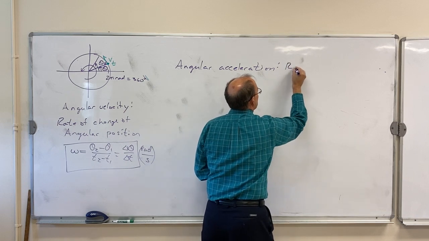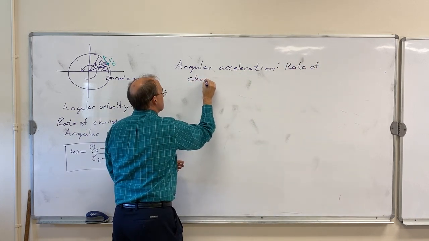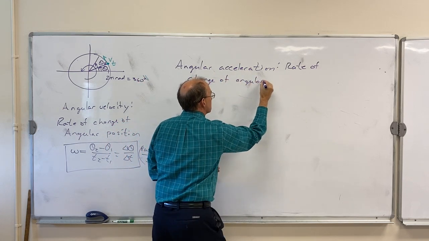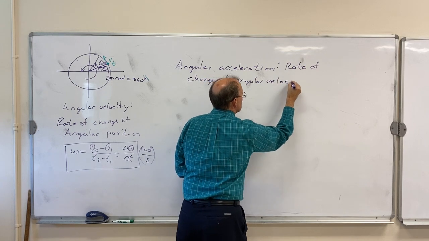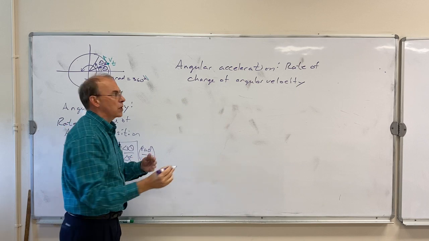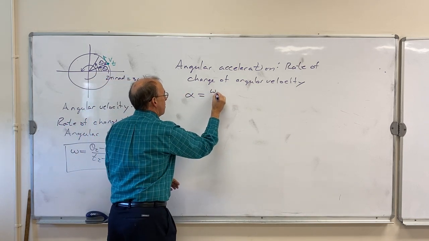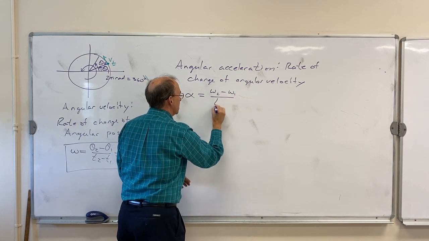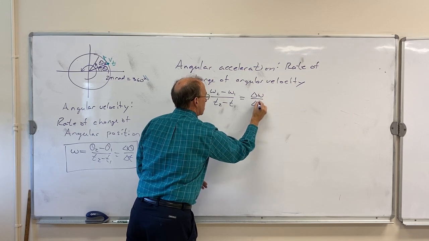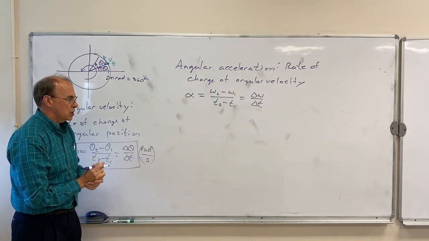This is the rate of change of angular velocity. We give it the symbol, instead of A for acceleration, we give it the symbol alpha from the Greek alphabet. This is omega 2 minus omega 1 over T2 minus T1, or delta omega over delta T. That is our angular acceleration.